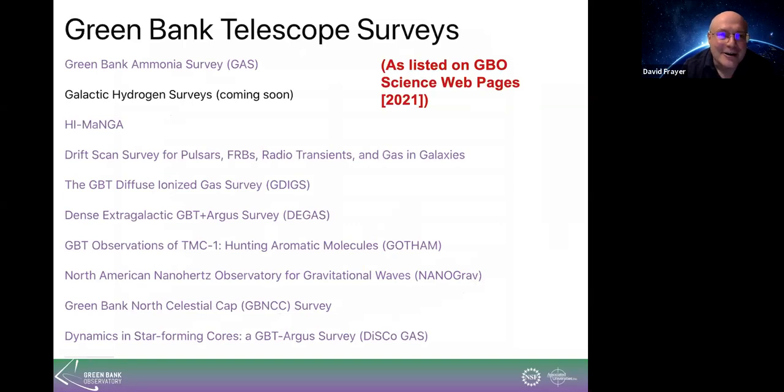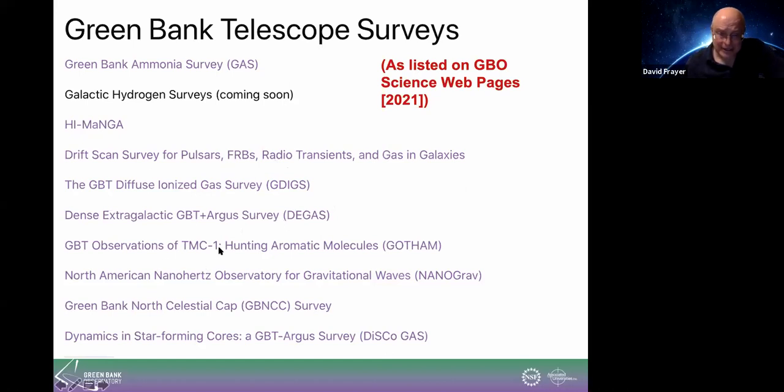These are the larger surveys that are underway. So the Green Bank Ammonia Survey, and then we have some galactic hydrogen surveys. This is an extragalactic H1 survey, pulsar surveys, an ionized gas survey. Then we have a dense molecular gas survey of nearby galaxies.